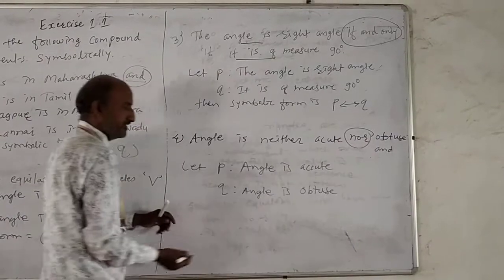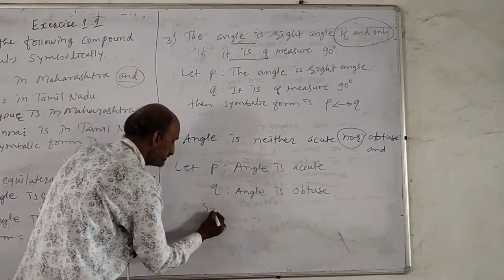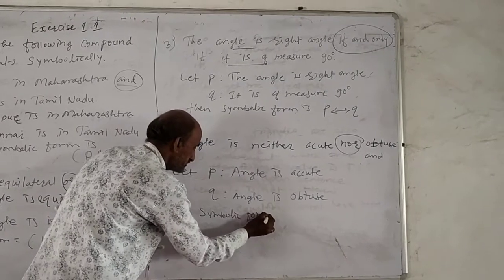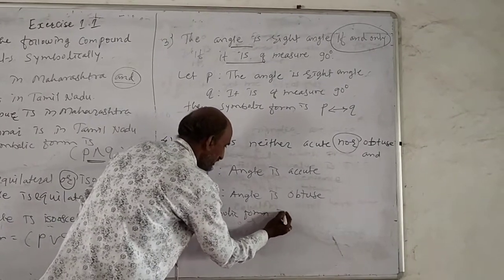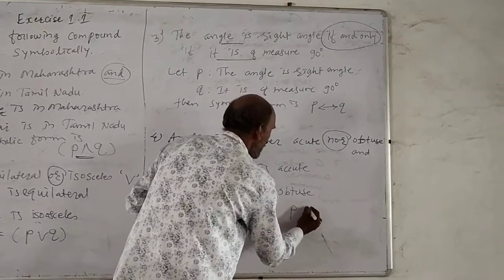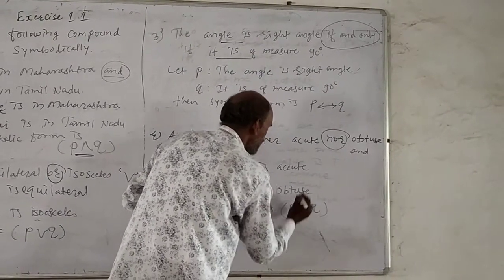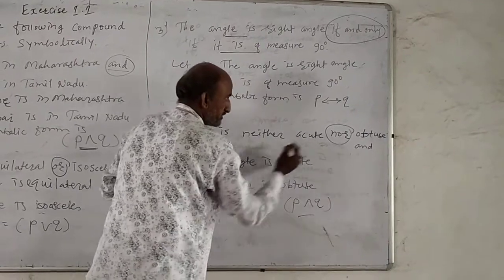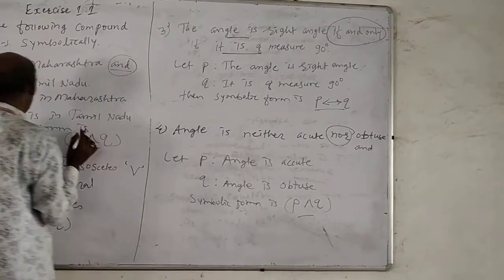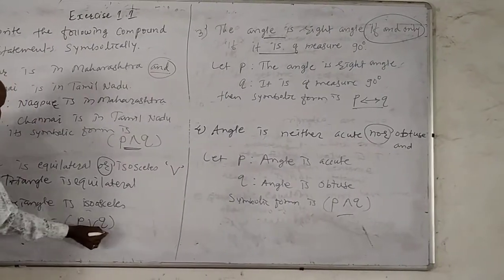Nor is there. Then the symbolic form is here: statement P and statement Q. See, these are the symbolic forms in our examples.